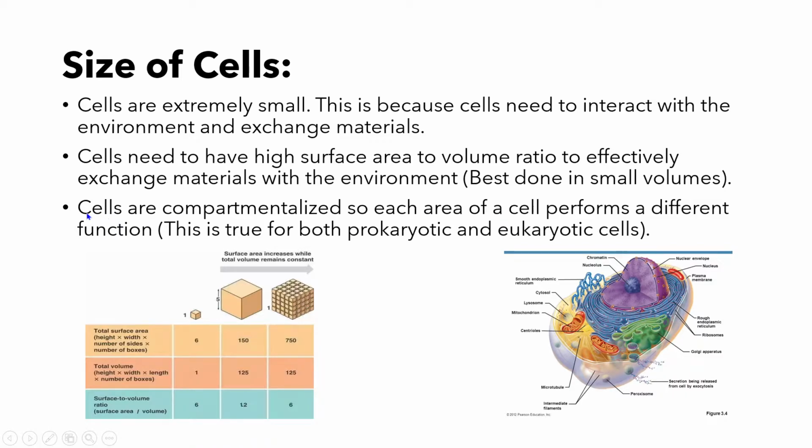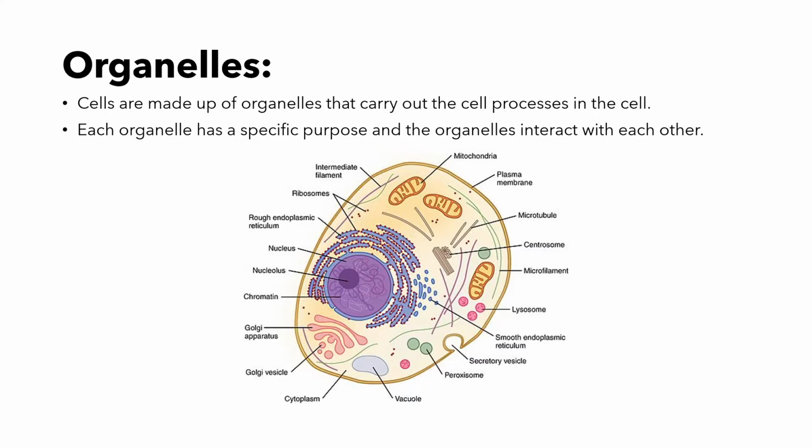An important thing to know about cells is that they're compartmentalized, meaning that cells have different parts, the organelles, and each organelle of the cell performs a different function. This is true for both eukaryotic and prokaryotic cells. Organelles, just like human organs, carry out processes within the cell, just like how our heart pumps blood throughout our body and our lungs oxygenate that blood.